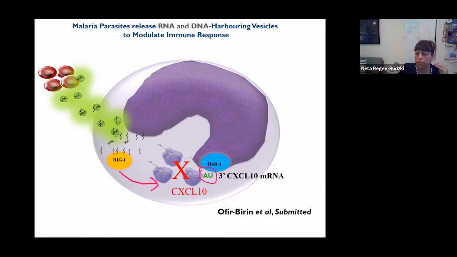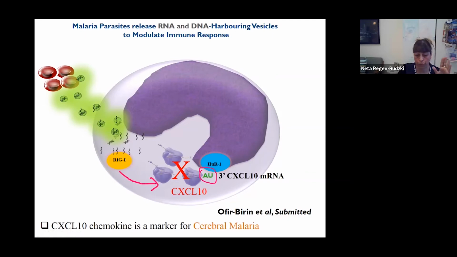But why would the parasite invest all these efforts just to stop the translation of this chemokine? Keep in mind that this chemokine is in many cases a marker for the severe cases of malaria, cerebral malaria. These are the cases where the immune system is out of control and the host circumstances are really bad. But they are really bad also for the parasites. And the parasite must move on.